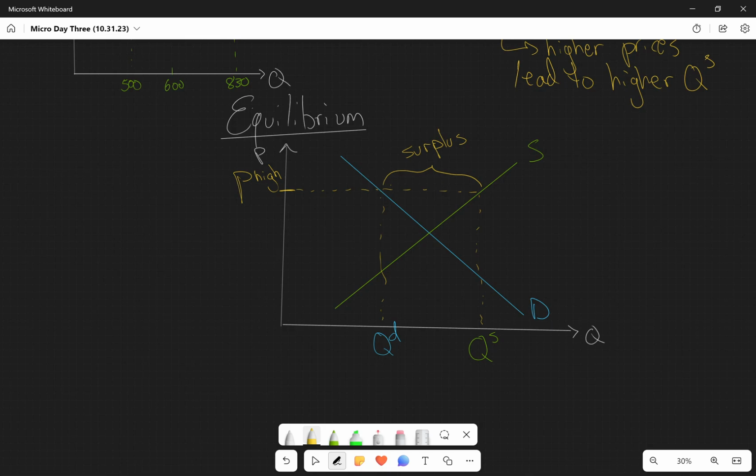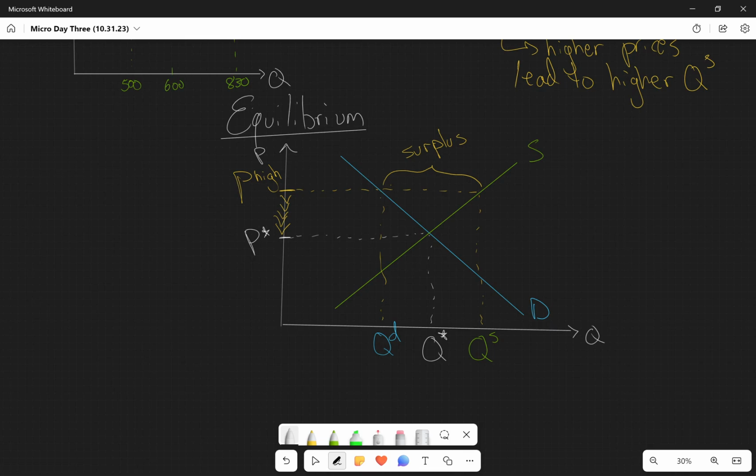So the producers, seeing this extra stuff, are going to lower the price. They're going to lower the price until they find that equilibrium price, which we denote as P star, and Q star.